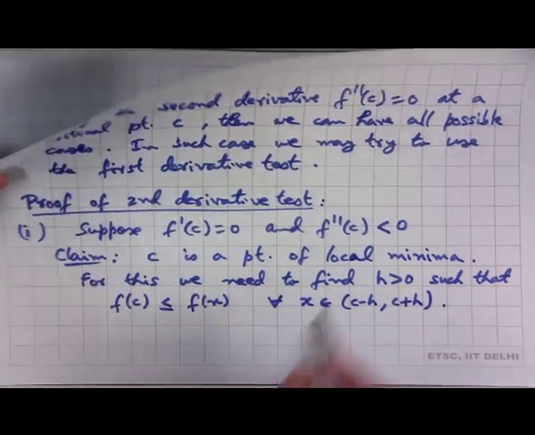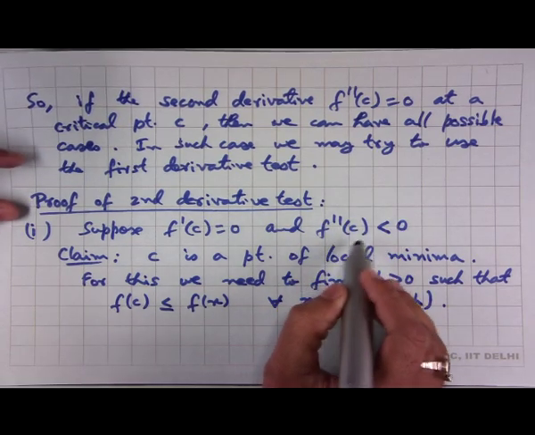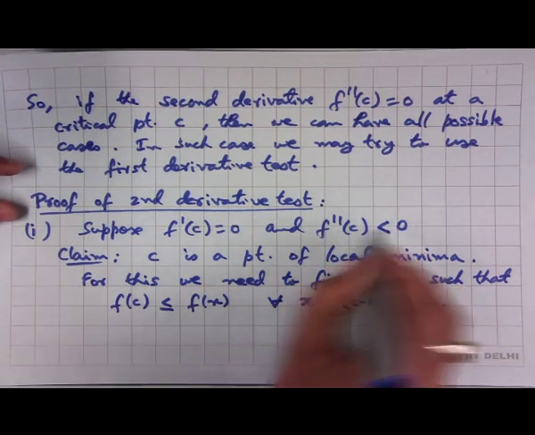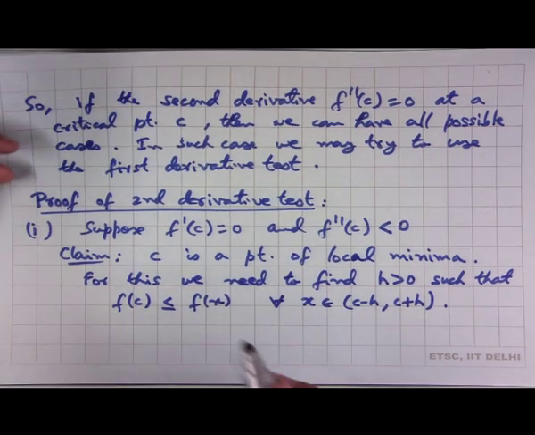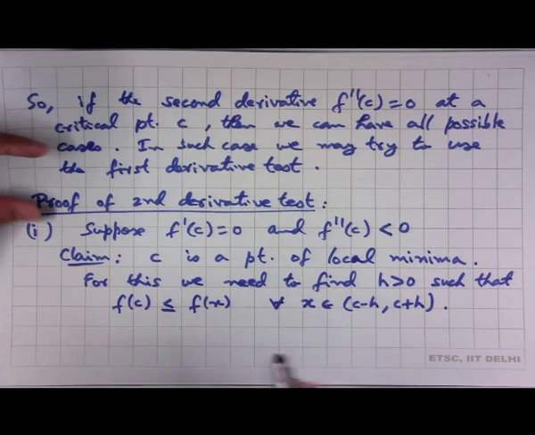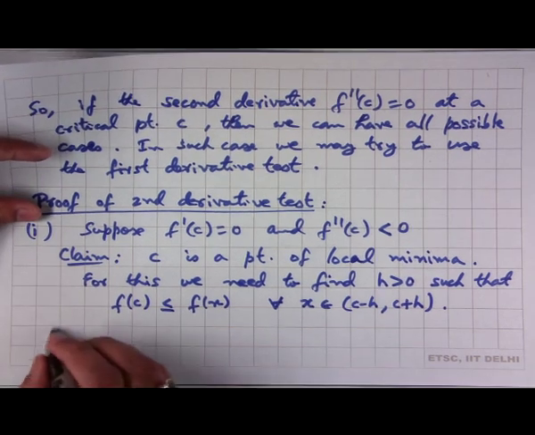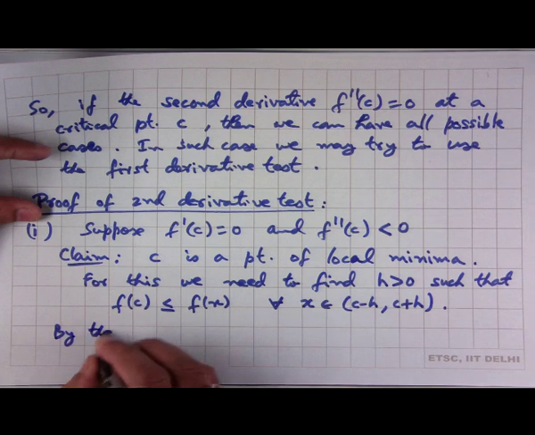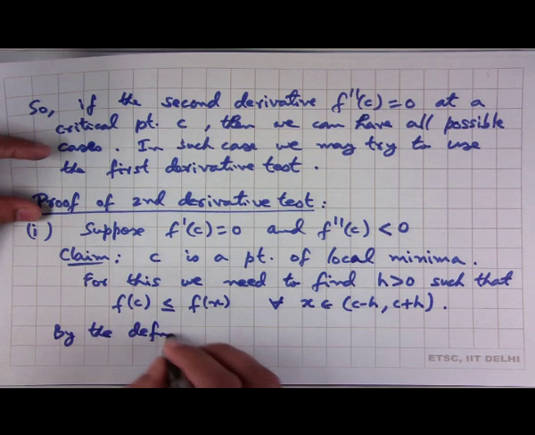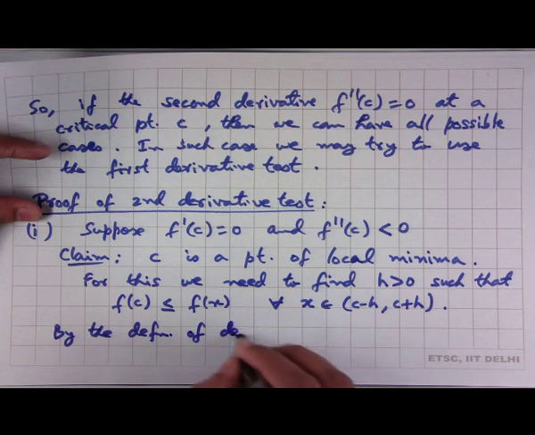Now, let us look at this information that f double prime c is negative and f prime c is 0. So, by the definition of derivative, f double prime c can be written as a limit; the second derivative is the derivative of the first derivative.